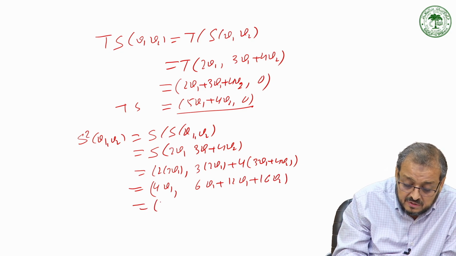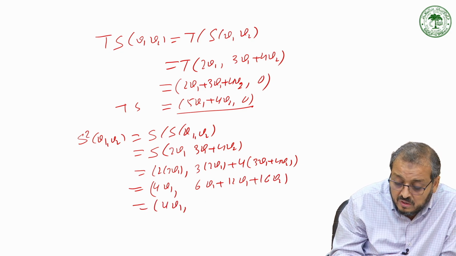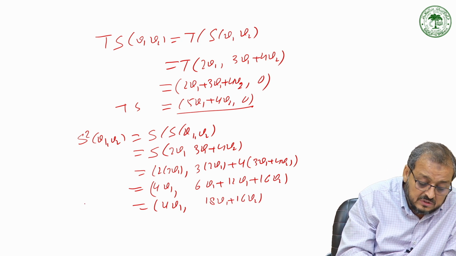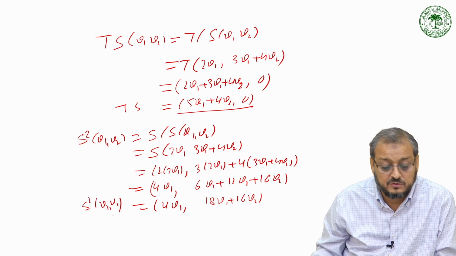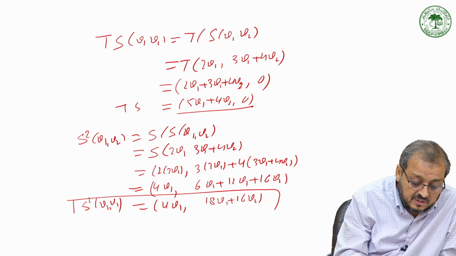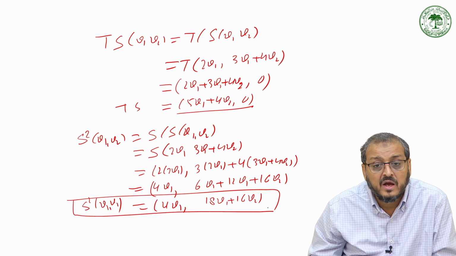So this is equal to (4V1, 18V1 plus 16V2). This is S square of (V1, V2), clearly in this form.